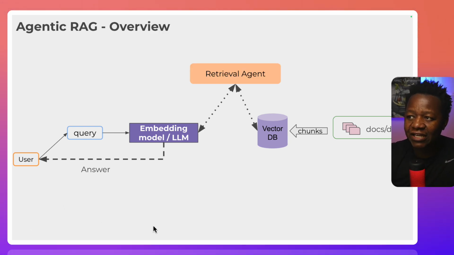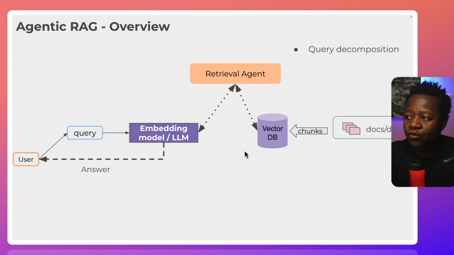The agentic RAG is a little bit different in that now we add another agent, which essentially is actually a large language model, a model that we can call anything. In this case it would be a retrieval agent. This retrieval agent has a few responsibilities.